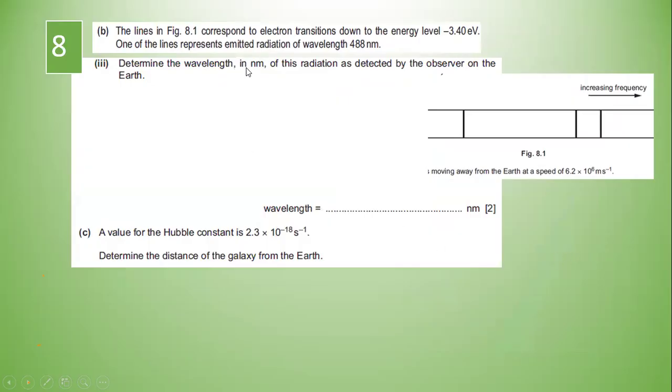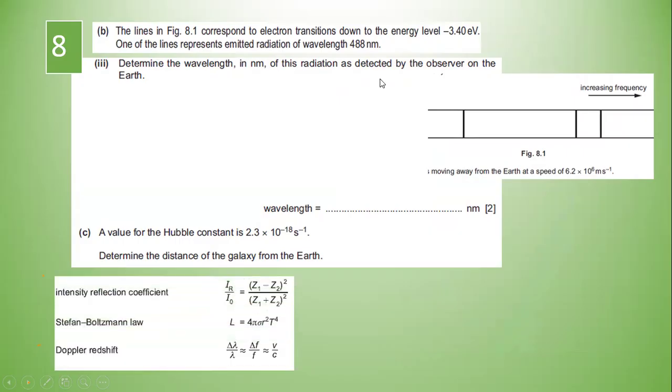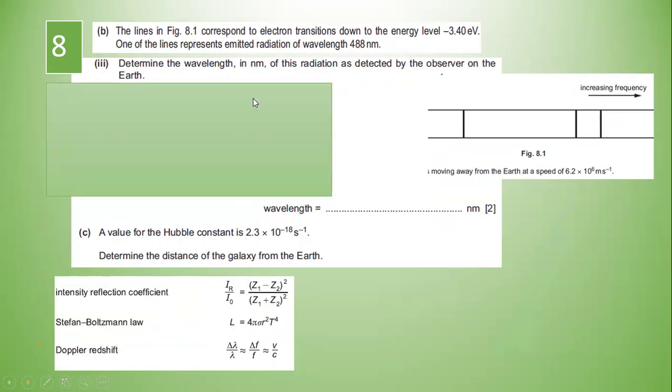Determine the wavelength in nanometer of the radiation as detected by the observer on the Earth. Right, go to formula sheet. You can remember the formula. This is the formula that we are quoting.